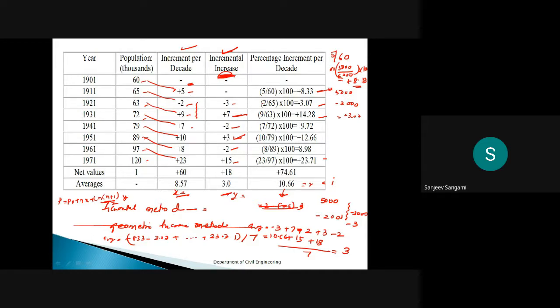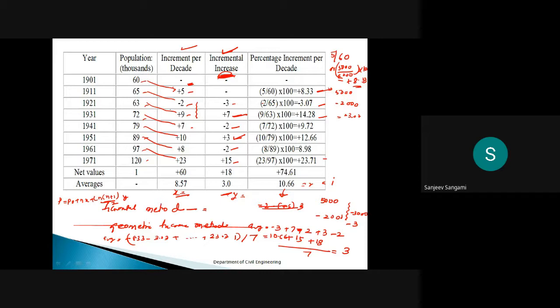See, 5,000 to 2,000, so it is decreased. When it is decreasing, use the minus sign. Then here it is 2,000, again it increased to 9,000. How much did it increase? 7,000 it increased, so I have to use the plus sign, that is plus 7 or 7,000.